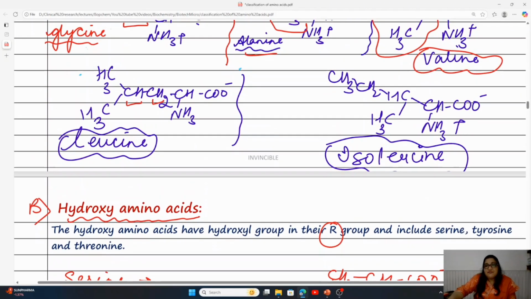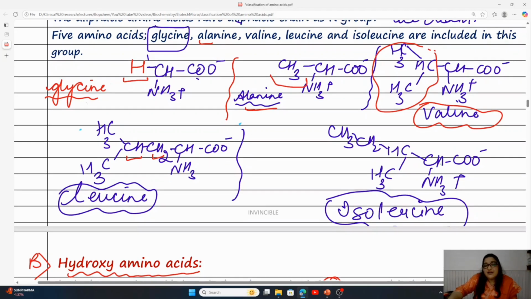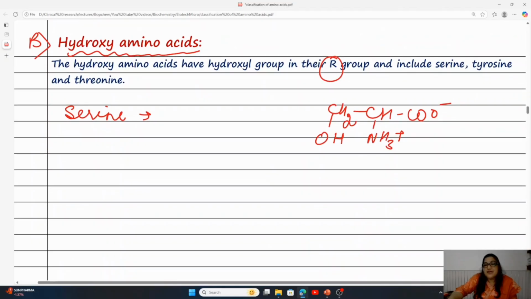So what we have done to the structure of alanine: for making the structure of serine, we will understand the structure of alanine. What we did in alanine, we just added one CH3 group as R. So here, as they are hydroxyl group containing amino acids, we are adding one OH group. All right. Next is threonine.